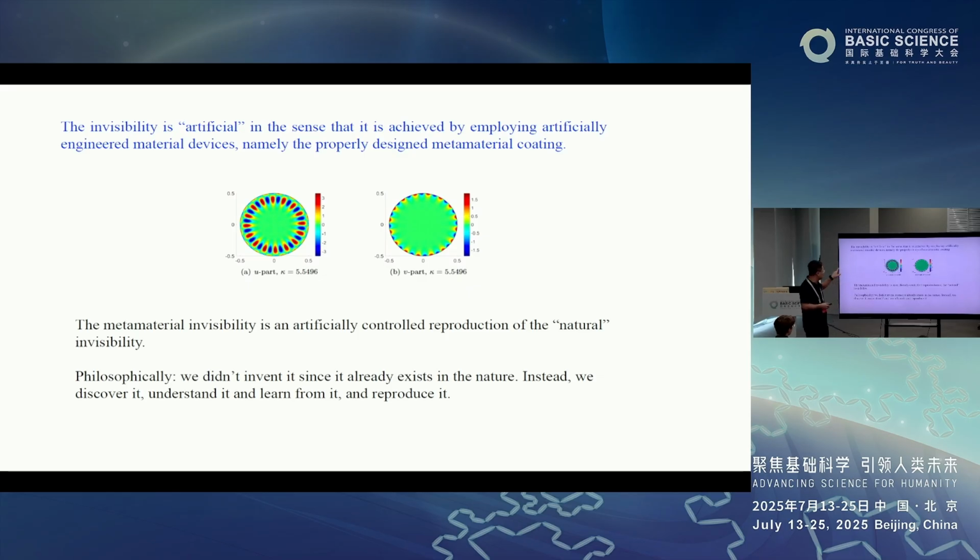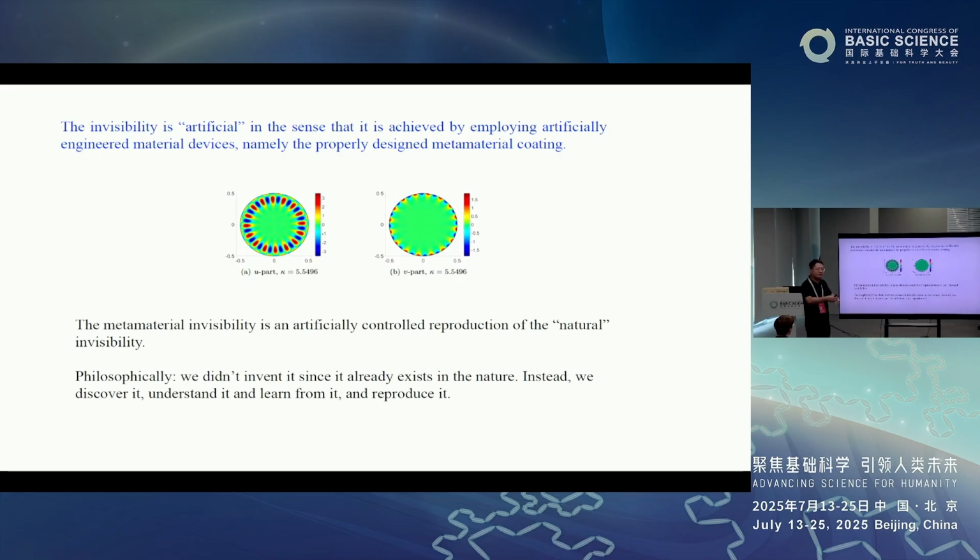Our perspective here is that the invisibility cloaking is artificial, in the sense that it is achieved by employing artificially engineered material devices, namely the properly designed metamaterial coating. But actually, this type of invisibility phenomenon already exists in nature. I proved this. So the metamaterial invisibility is an artificially controlled reproduction of this natural invisibility.